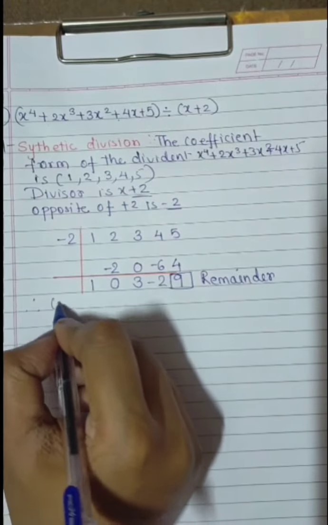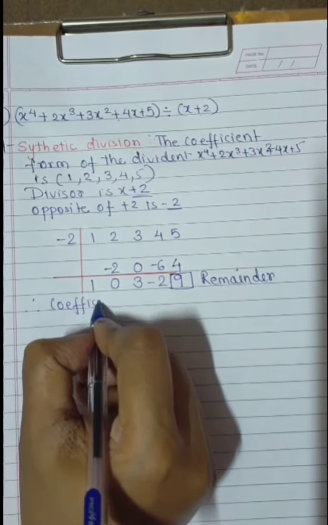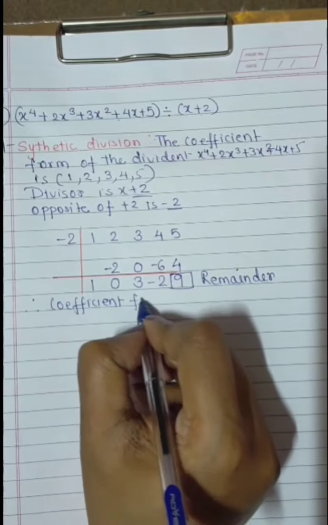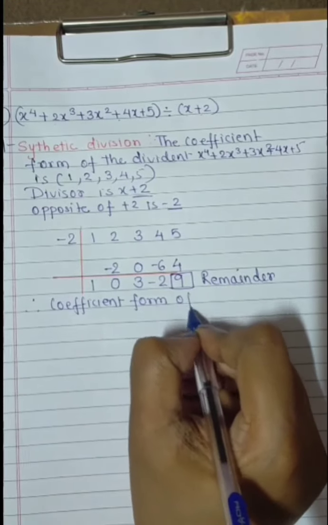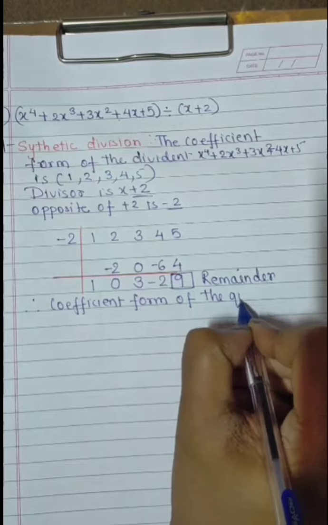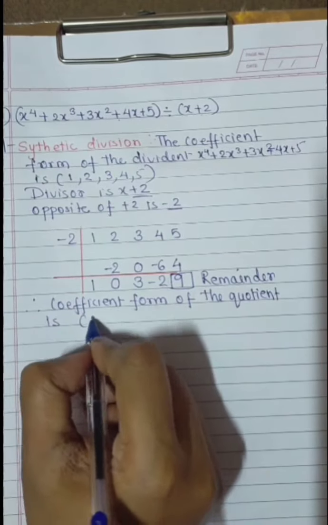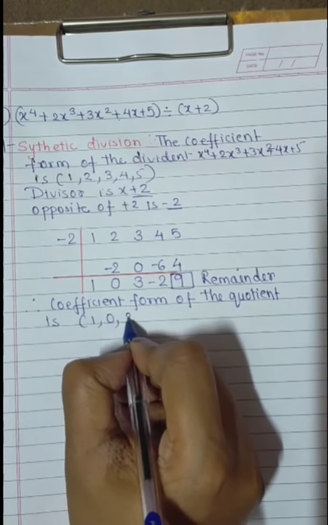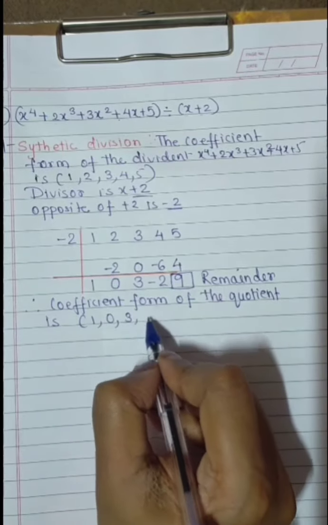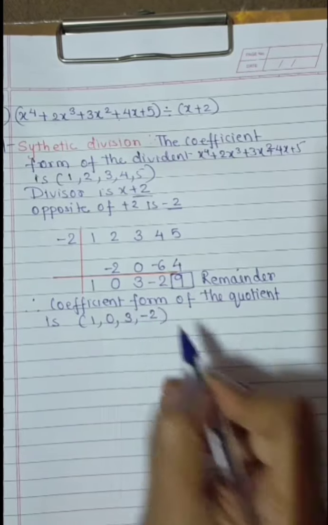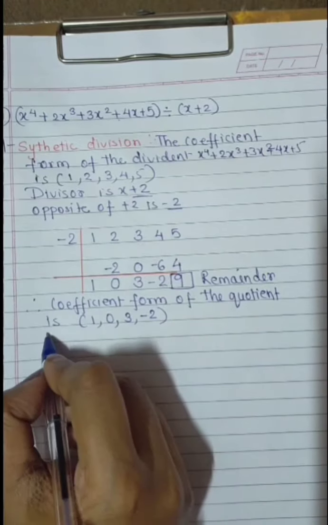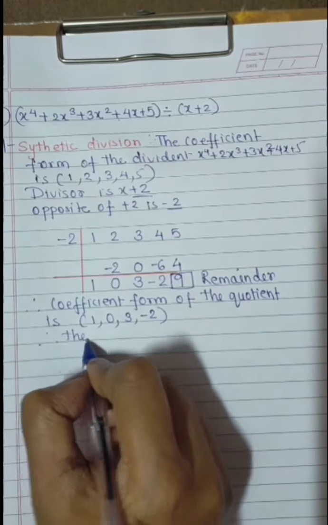Therefore, the coefficient form of the quotient is 1, 0, 3 and minus 2. Therefore the quotient is what?